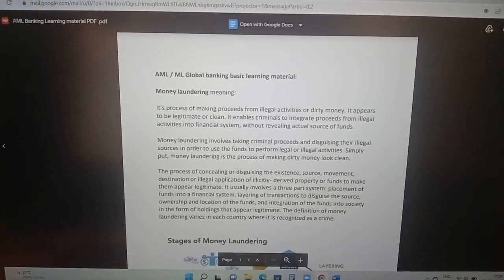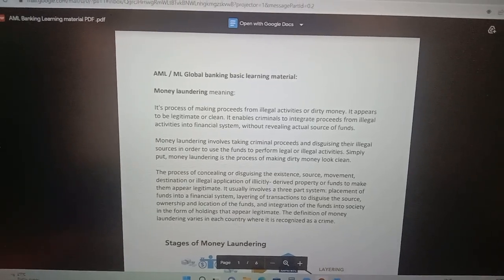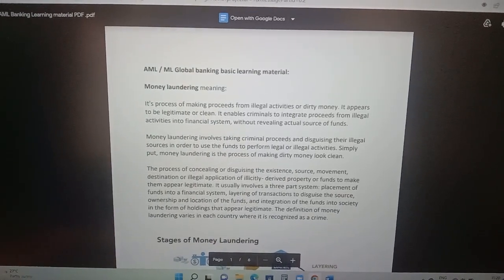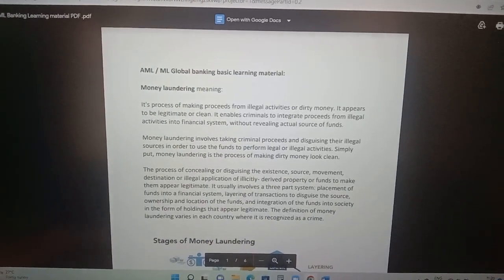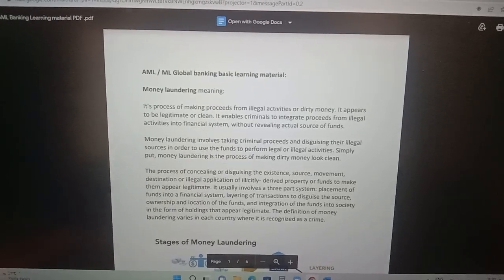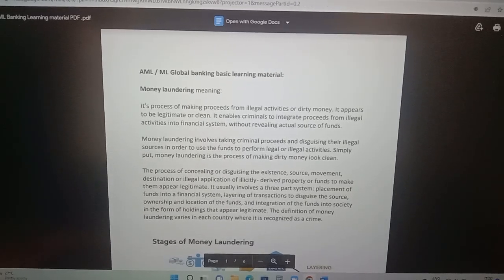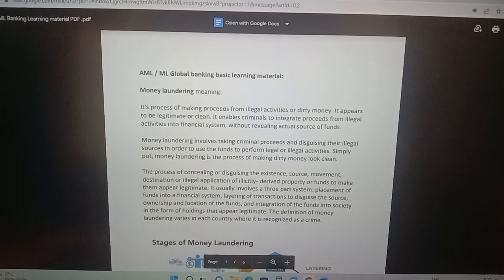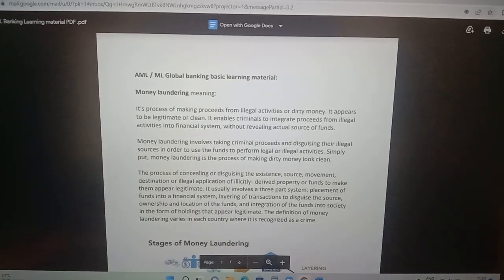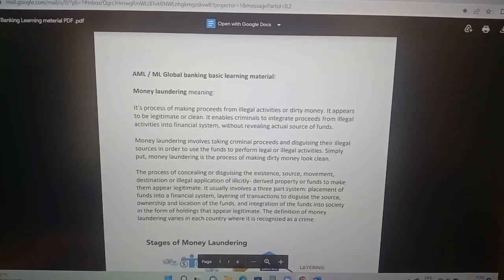So let's discuss the AML part. In this we have AML as well as ML. ML refers to money laundering. Here it is the process of making the proceeds from illegal activities appear legitimate or clean, and it enables criminals to integrate proceeds from illegal activities into the financial system without showing the actual source of funds.